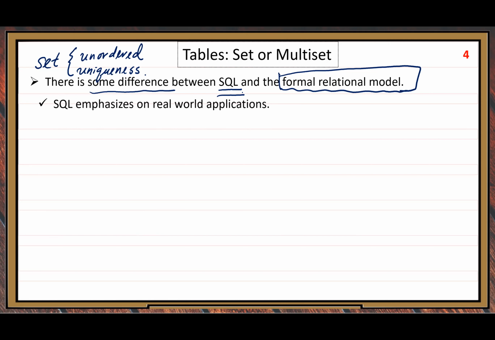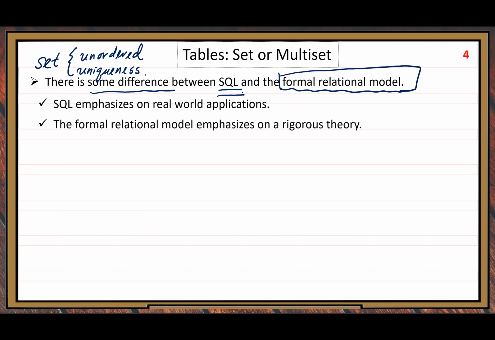But for the formal relational model in academia as a research project, those researchers may not require 100% practical. They have different priorities. They are not business people, they are researchers, so they have their own preference. That causes the difference.